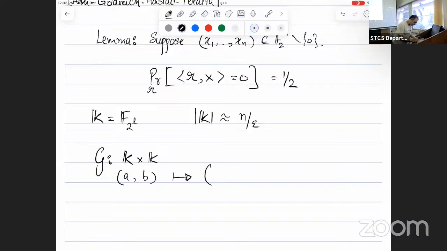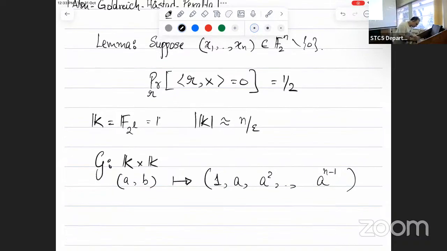I'm just going to look at 1, A, A squared, up to A to the power n minus 1. These are all elements in the field, so it makes sense to square, cube, and so on. But obviously, all of them are now no longer going to be bits; they're going to be large things. And this is where the second element B is supposed to come in. Notice that this field can also be thought of as a vector space over F2.